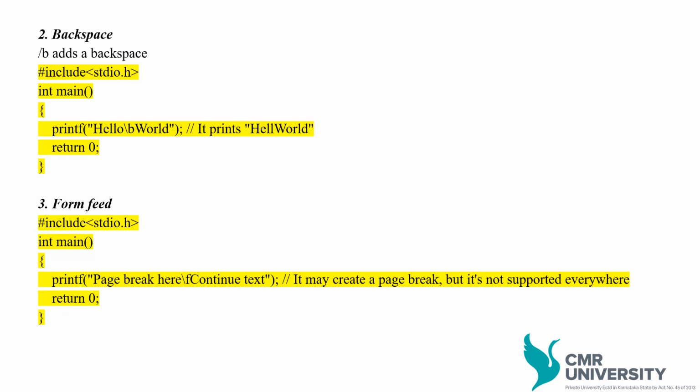Here in the printf statement we used backslash b for backspace. We included hello backslash b, but it removed the o from hello and gave the output as hell world.